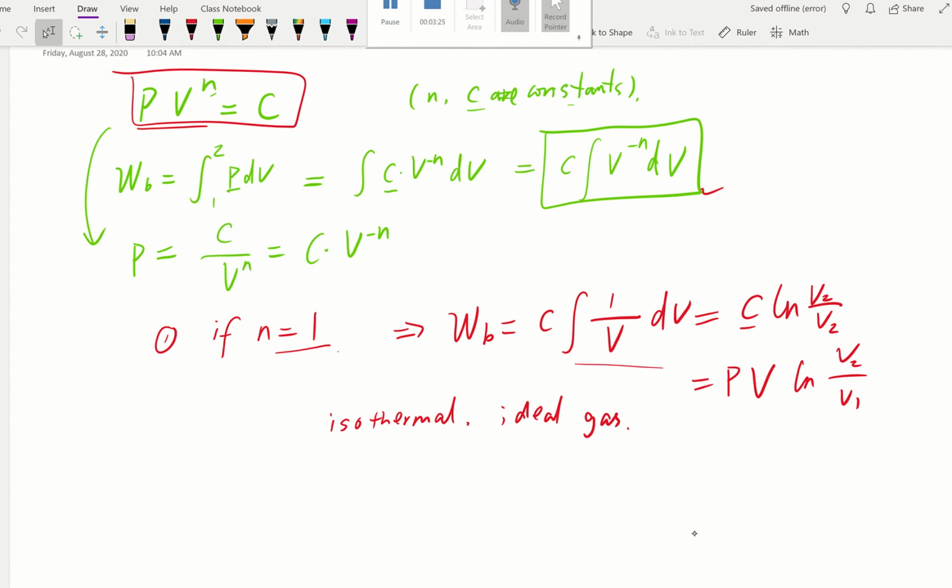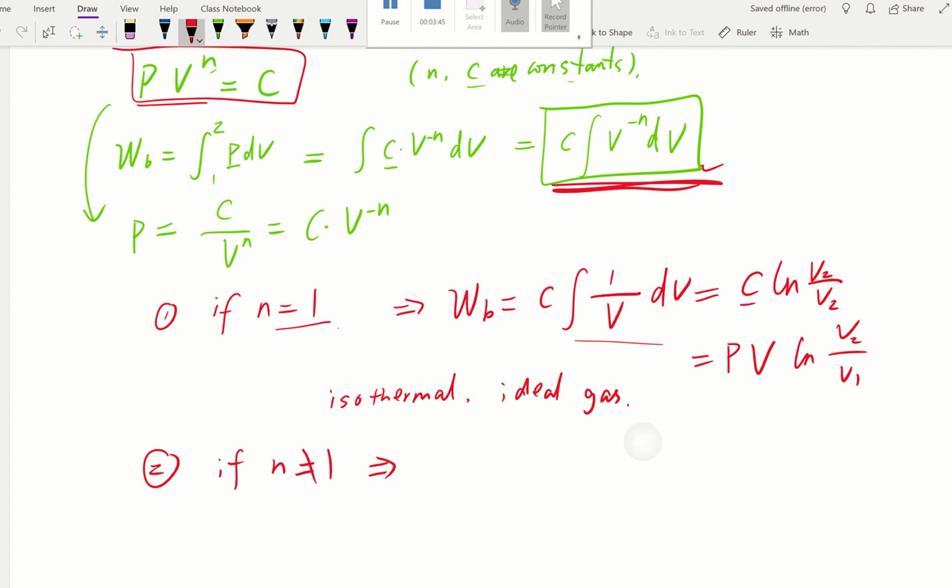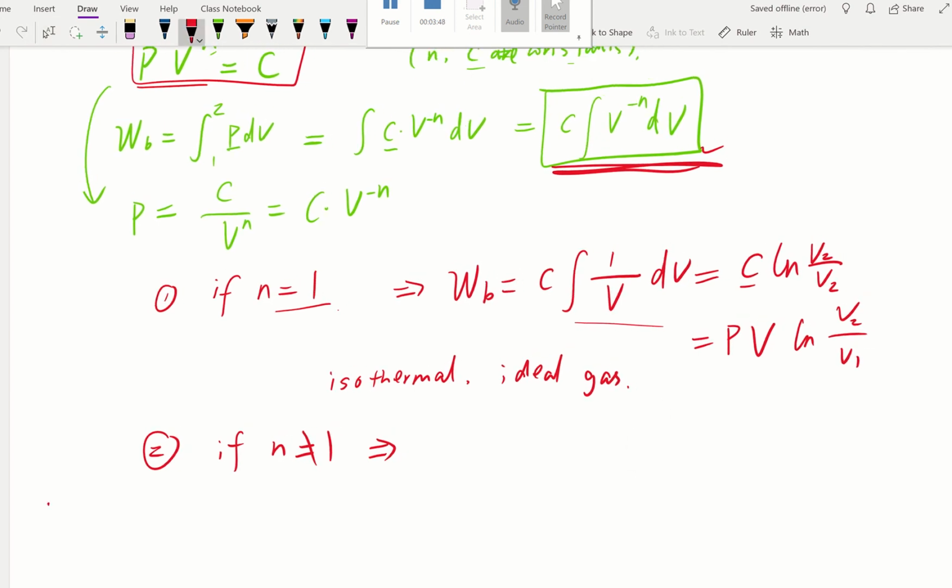But that's not our focus, because n can be any other number except 1. So when n is not equal to 1, how are we going to integrate this? A quick review of calculus will help us understand. What is the integration of x dx? That's x squared over 2. How do we do that?